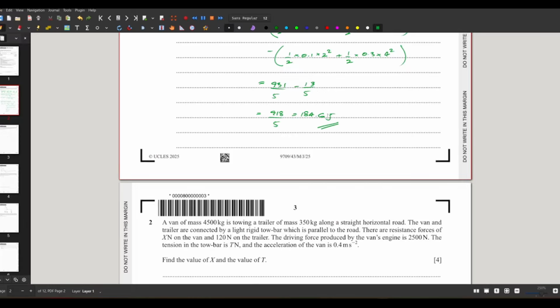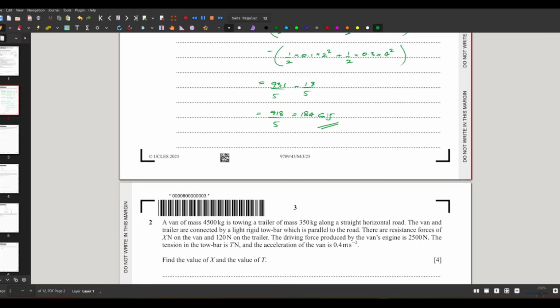Right, so now let's move to question 2. Okay, so in this case, a van of mass 4,500 kilograms is towing a trailer of mass 350 kilograms along a straight horizontal road. The van and the trailer are connected by a rigid tow bar, which is parallel to the road.